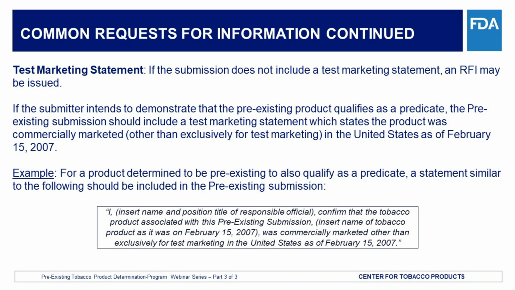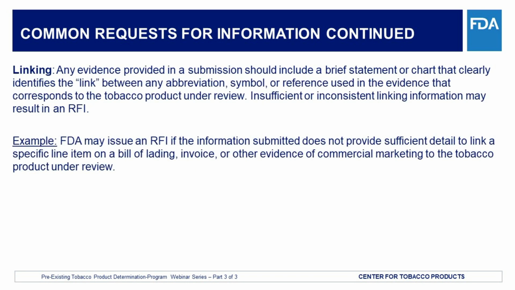For FDA to review evidence provided in a submission, FDA recommends including information that links the tobacco product and the evidence submitted. Any commercial marketing evidence that is provided should consistently name the product throughout the submission.